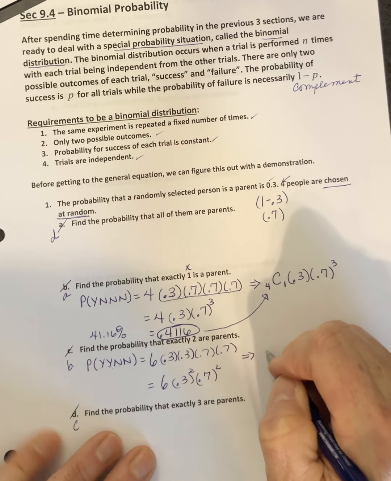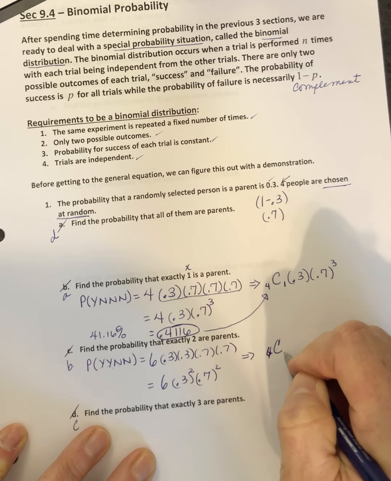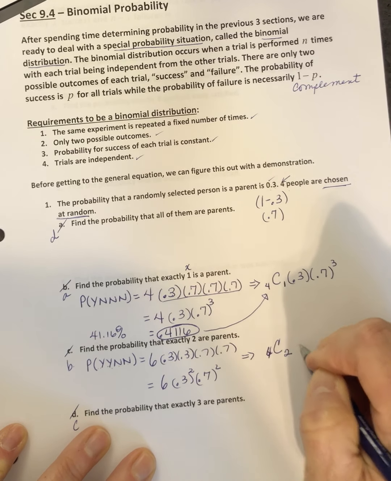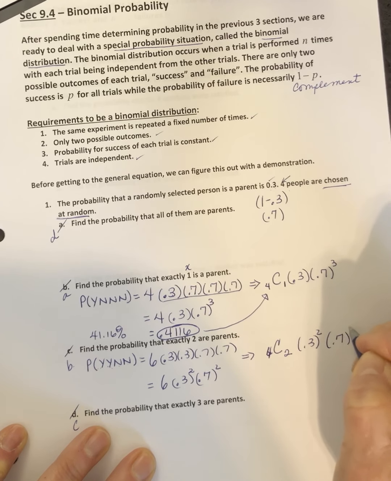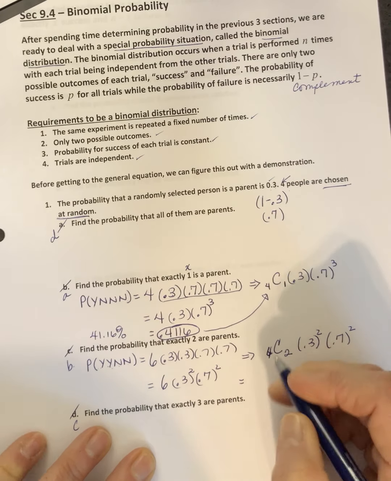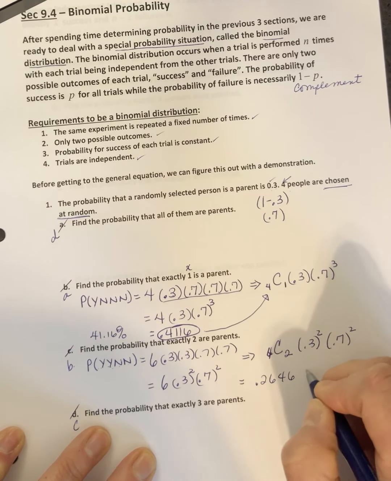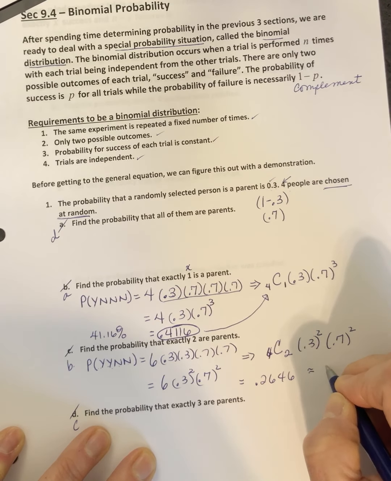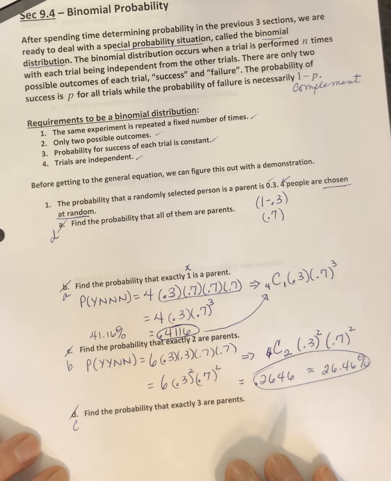So the formula is going to look like 4 choose 2, 0.3 squared times 0.7 squared. We will get an answer of 0.2646, which then is 26.46%. Either one of those will work.